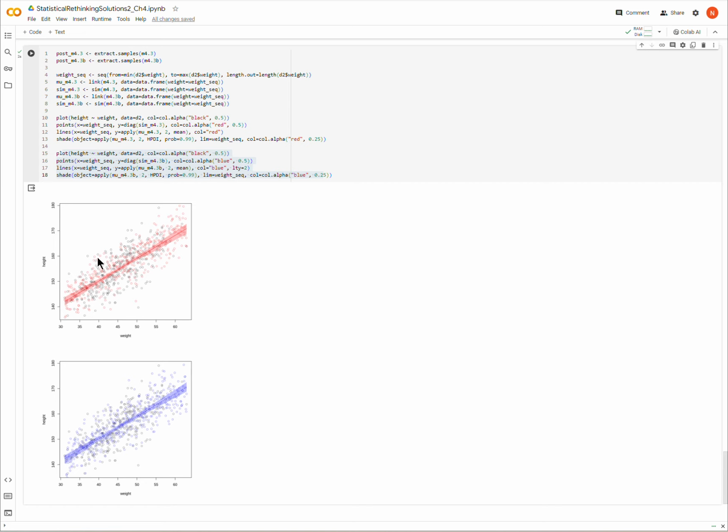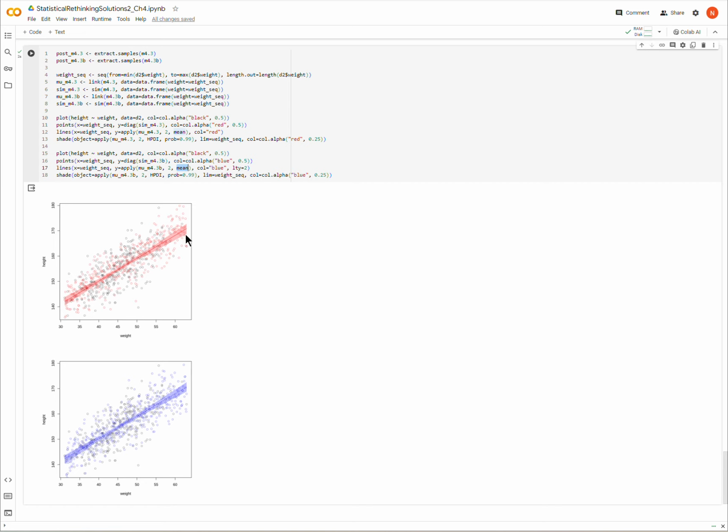So the red dots are data that was generated with the sim functions here and here for the two models. The dark red line, or dark blue line, with an envelope of a lighter shadow, is the average value at each weight of the mu functions. So here's my mu object, and I've taken the mean at each weight, so I just get a single line.